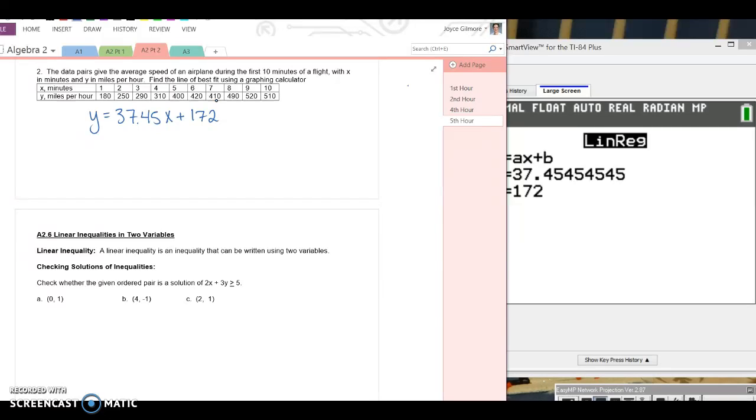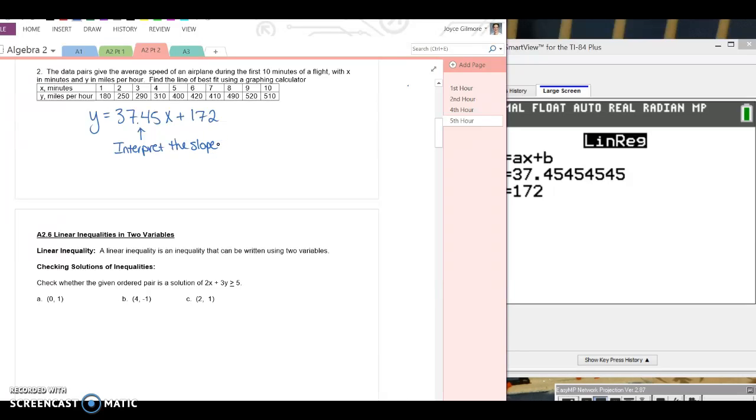Now we need to interpret this equation. So this particular data represents the speed of an airplane during the first 10 minutes of flight with x in minutes and y in miles per hour. One question that's going to be asked on your assignment, they're going to ask you to interpret the slope.